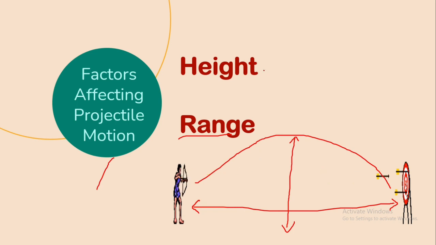In finding the height, we are going to use meters, and in finding the range, we are going to use the unit meter. For the angle of release, we are going to use theta or the degrees.